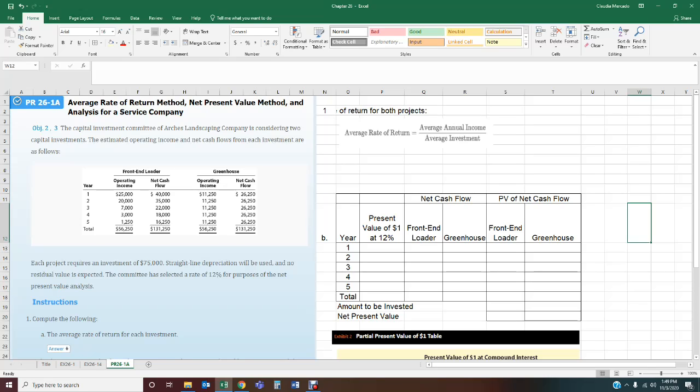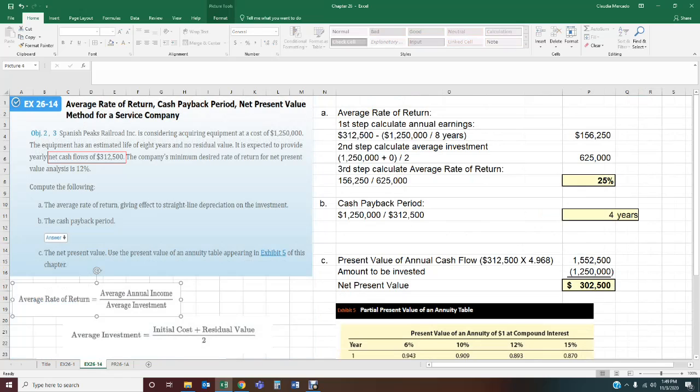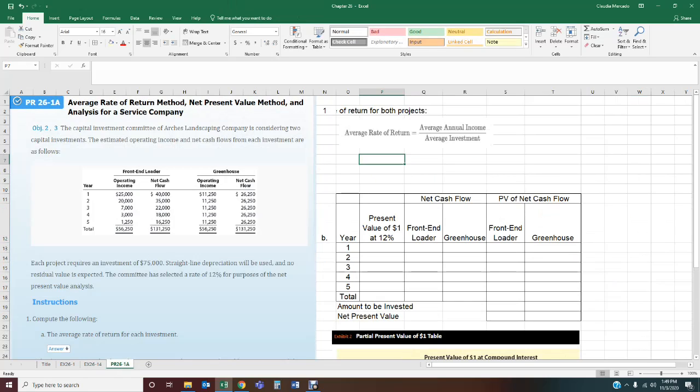So the first thing we have to do is calculate our average annual income. I'm not going to go over step 1 and step 2 like I did in the prior problem. By now we should be comfortable doing the steps. So the first step is to get your average annual income. My income is going to be $56,250, and then I'm going to divide by how many years these projects are for.